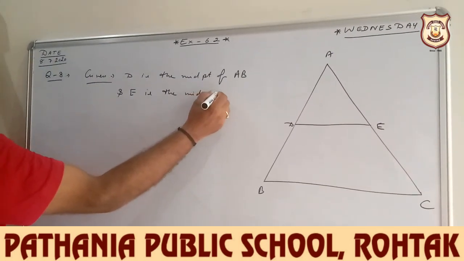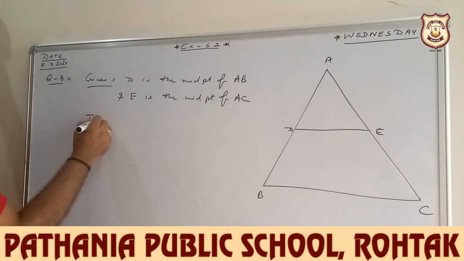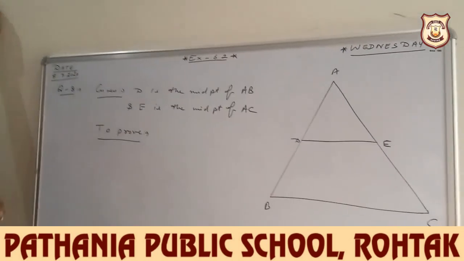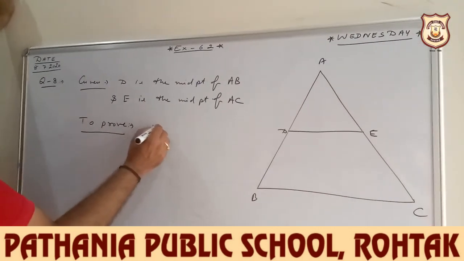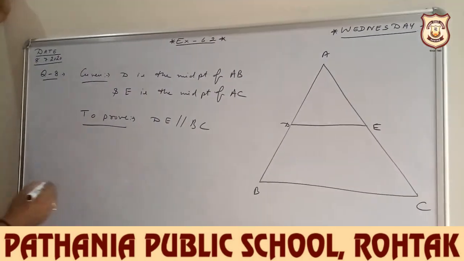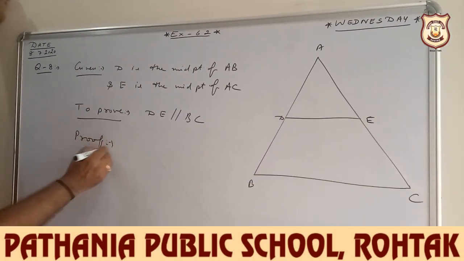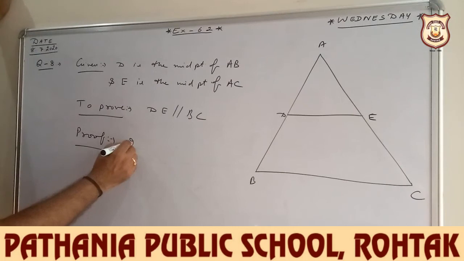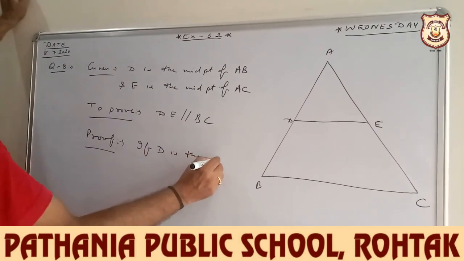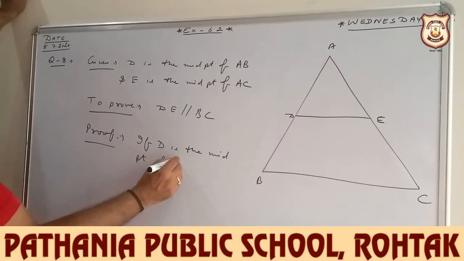In given you can write D is the midpoint of AB and E is the midpoint of AC. Then to prove, you can write DE is parallel to BC.